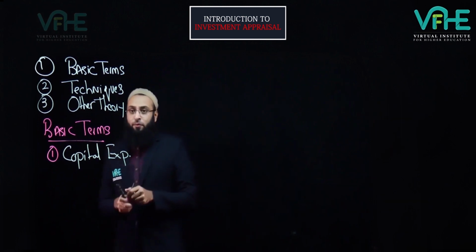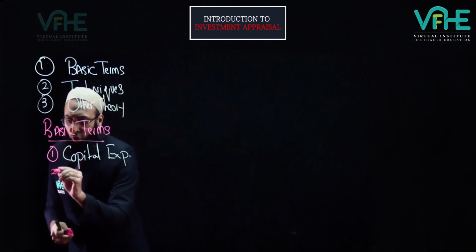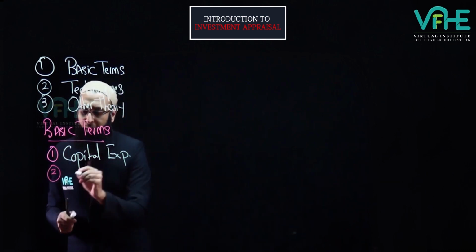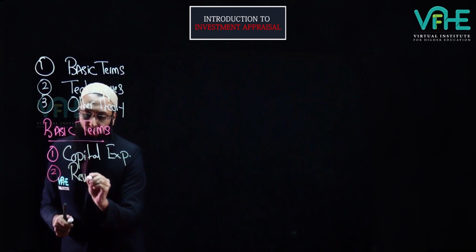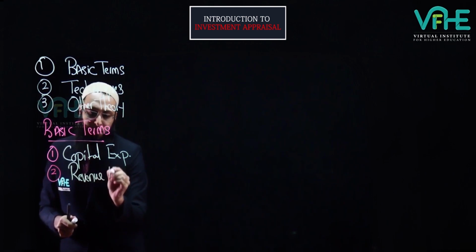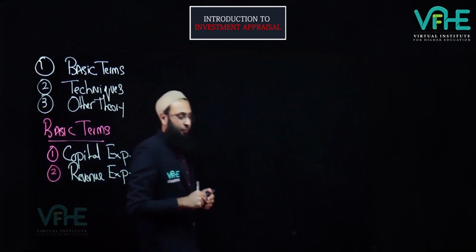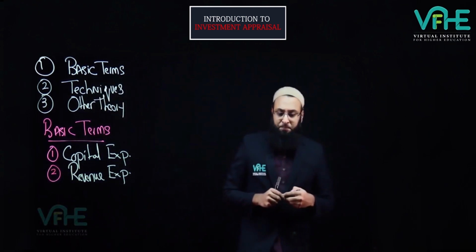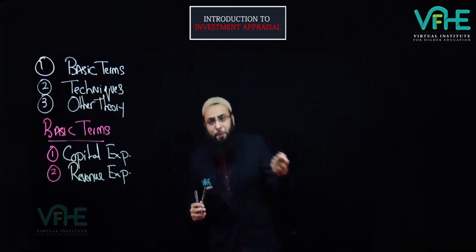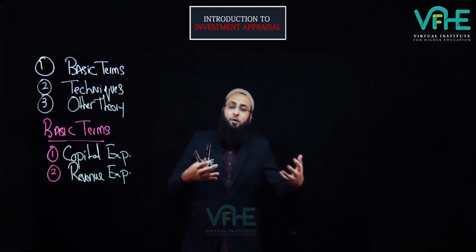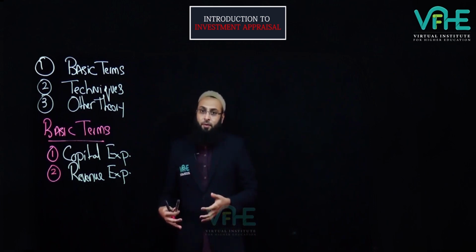Another term with which I'm sure you are familiar is known as revenue expenditure. Now, what is revenue expenditure? Revenue expenditure means any expense that you've incurred, the benefit of which will be within 1 year.